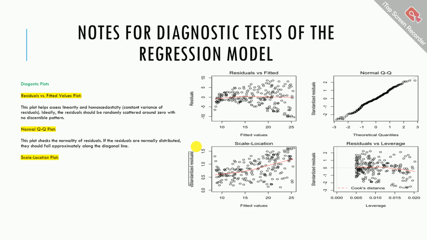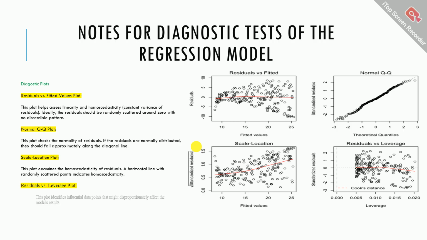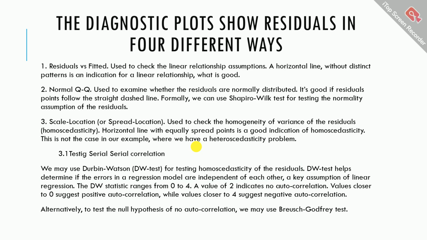Then we have the scale location scatter plot, and this is used to examine the homoscedasticity of residuals. Finally, we have another scatter plot, that of residuals versus leverage, which is used for identifying influential data points that might disproportionately affect the model's results.